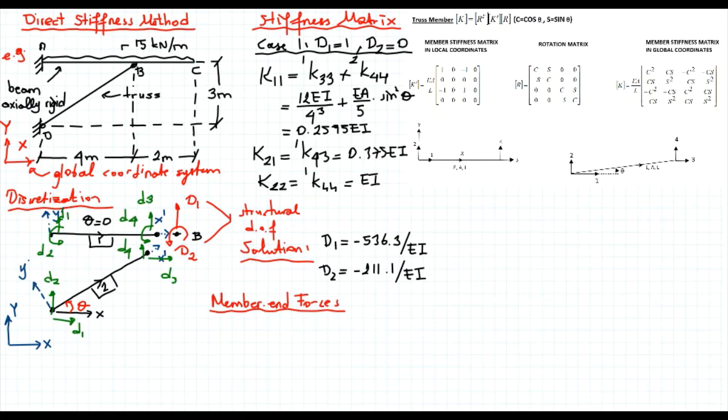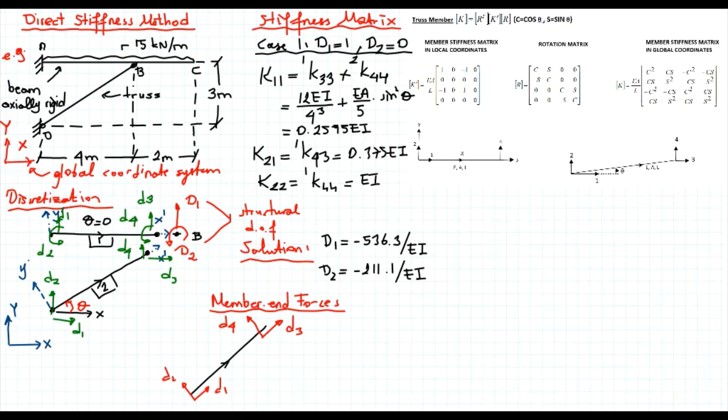Now let me draw the truss member, its local and global degrees of freedom. This is our truss member, and the degrees of freedom in the local directions are d1, d2, d3, and d4.